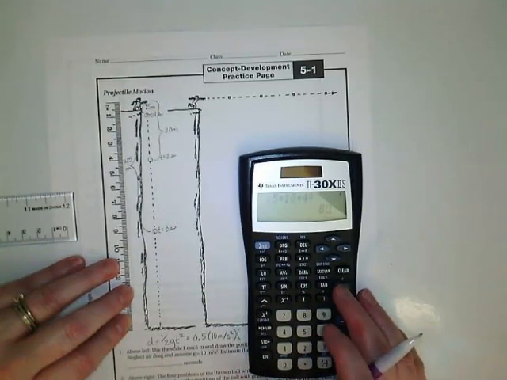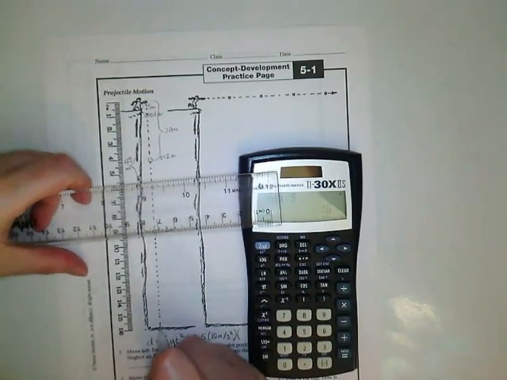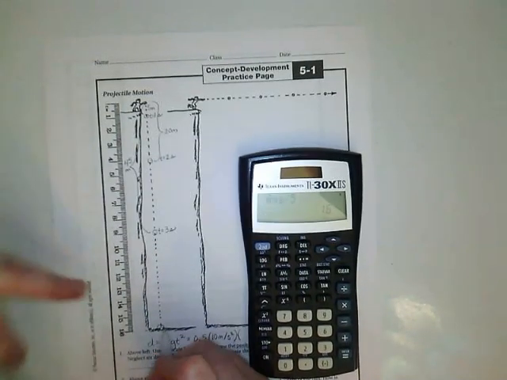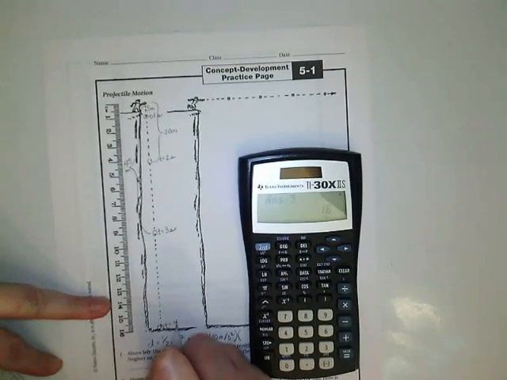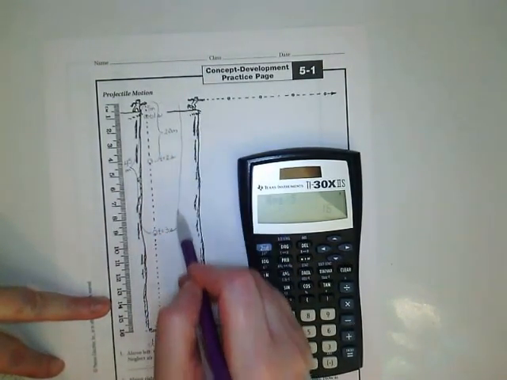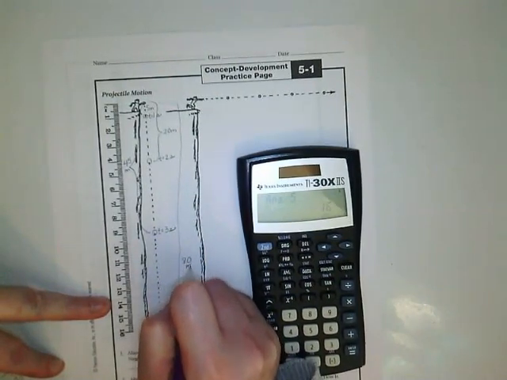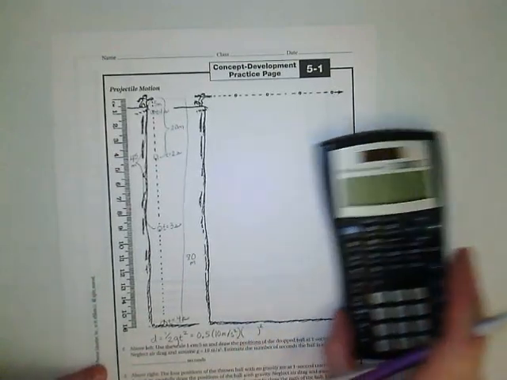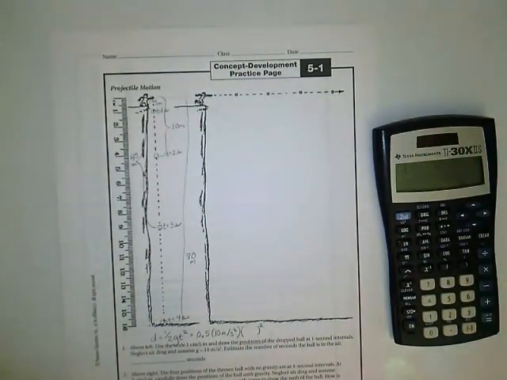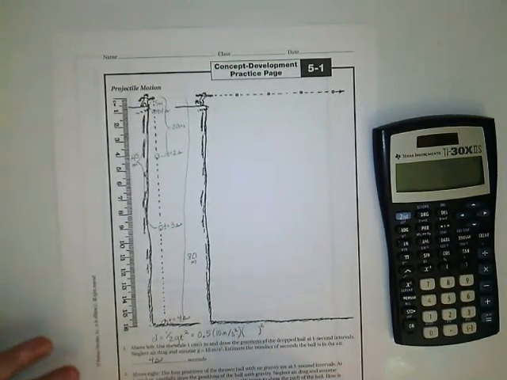And if I divide that by 5, that is 16. So now I'm right here. T equals 4 seconds. And this distance here is 80 meters. So, estimate the number of seconds the ball is in the air. 4 seconds.